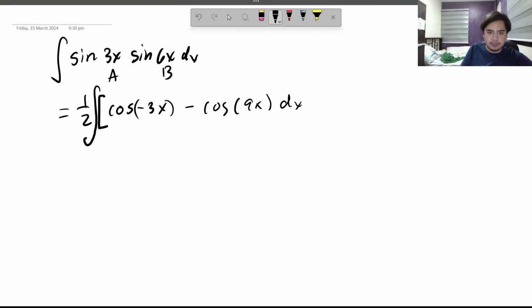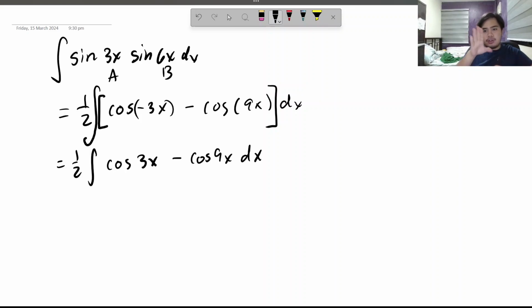And then dx. There we go. Now, how about this? Well, we know that cosine of something negative is going to be positive. So, this becomes 1/2, then the integral of cosine of positive 3x, even function, minus cosine of 9x dx.